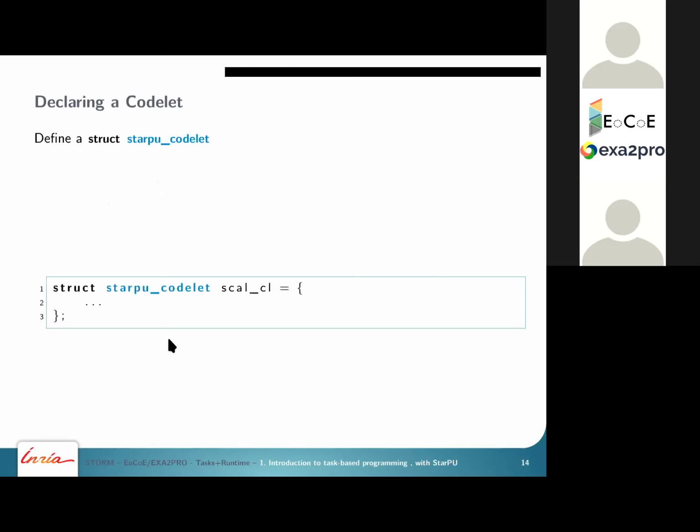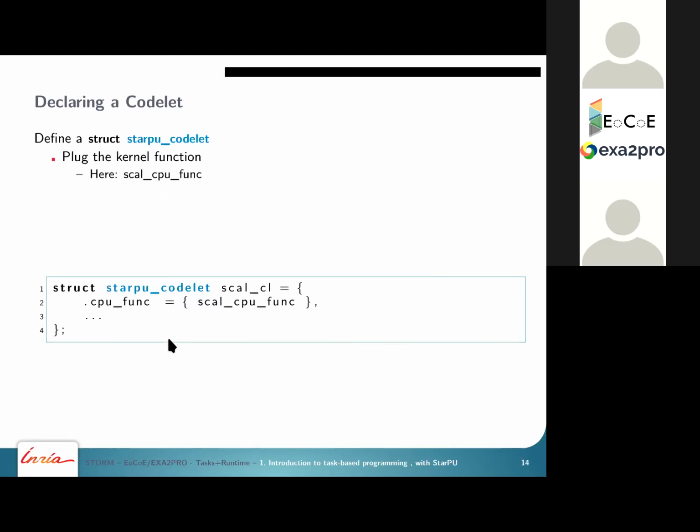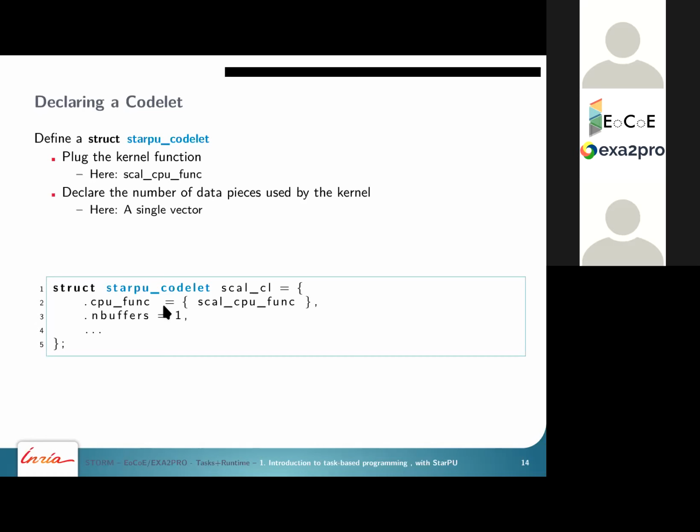So let's look at the programming details. The codelet, which gathers the implementations, is simply a structure. You have, for instance, a CPU implementation for the codelet, which you just provide in a CPU func field. Then you tell about the data.